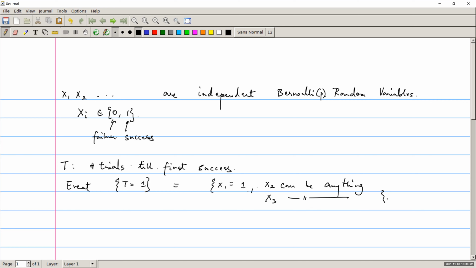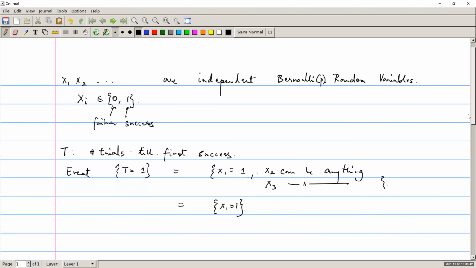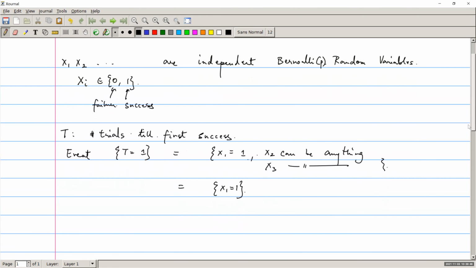The values for X2, X3, X4, we don't care, so it includes every possible value for them. So this is what we mean by saying X1 equals 1.